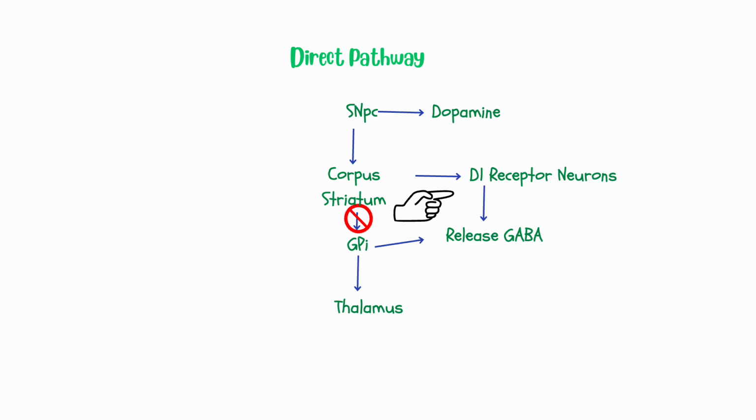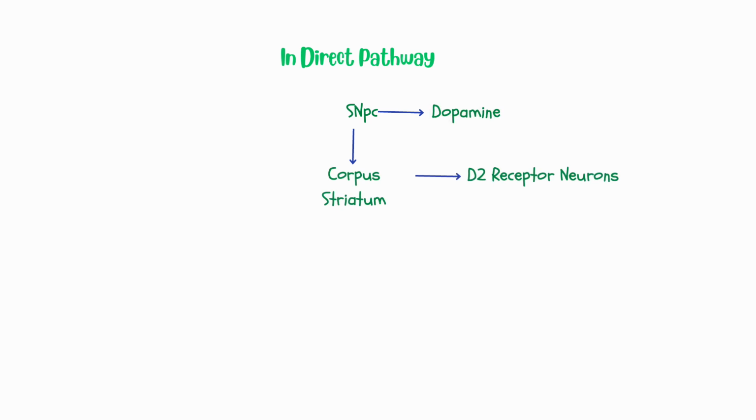At the same time the direct pathway is activated, the information also passes through the indirect pathway. The indirect pathway also begins with the neurons of the SNPC that project to the corpus striatum, where they release dopamine.